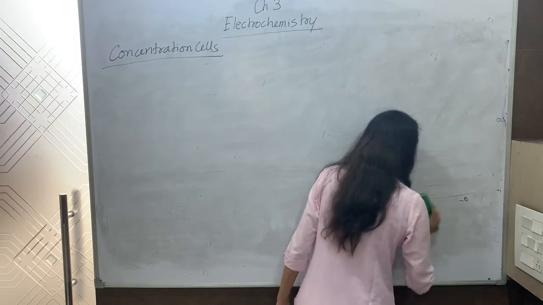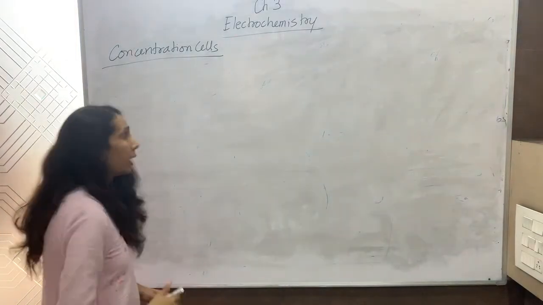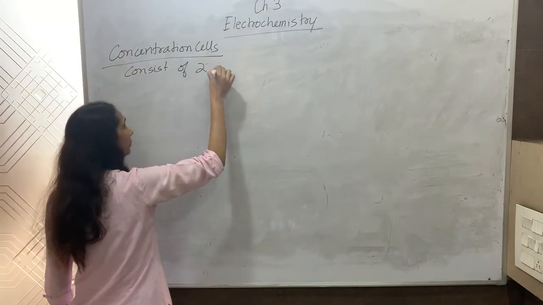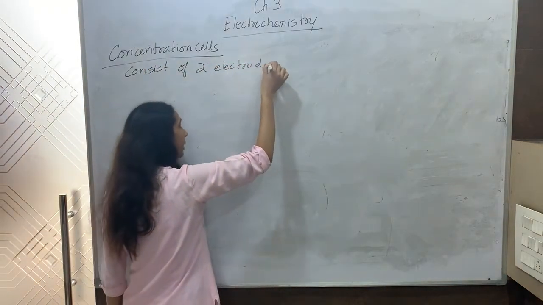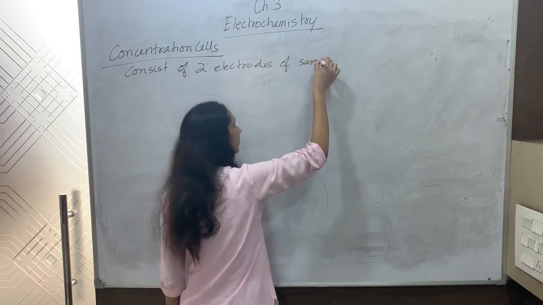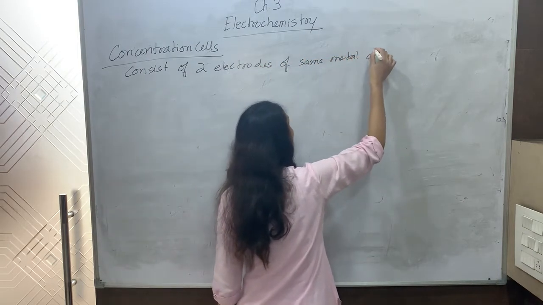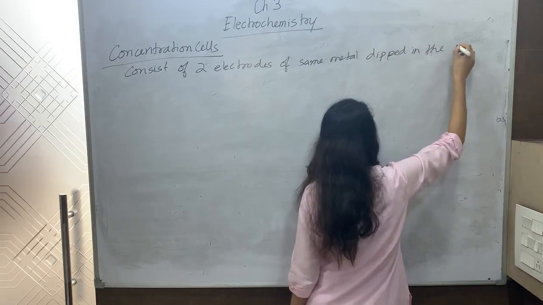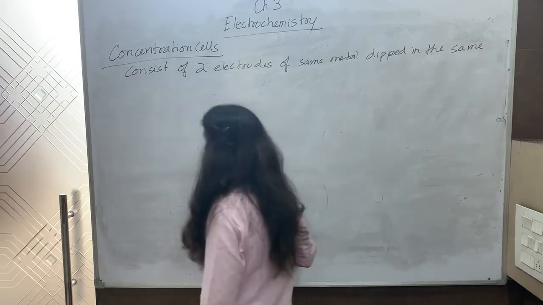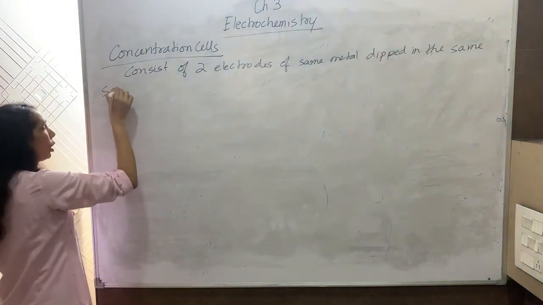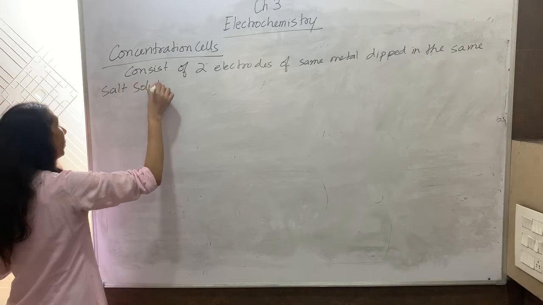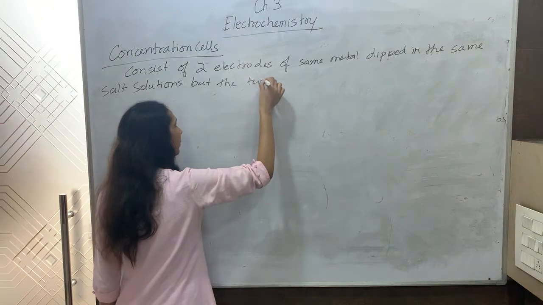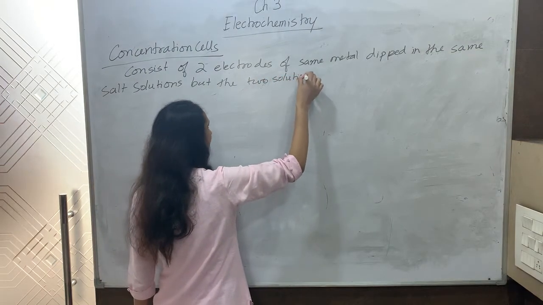The concentration cell consists of 2 electrodes of the same metal dipped in the same salt solutions, but the two solutions have different concentrations.